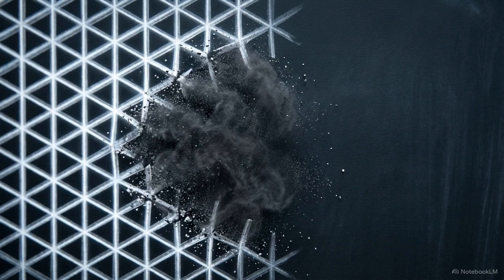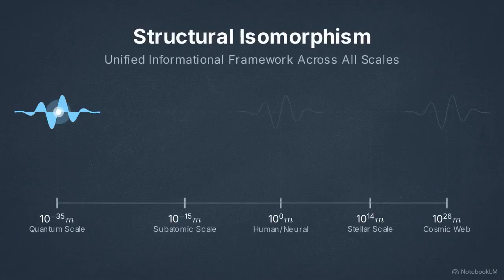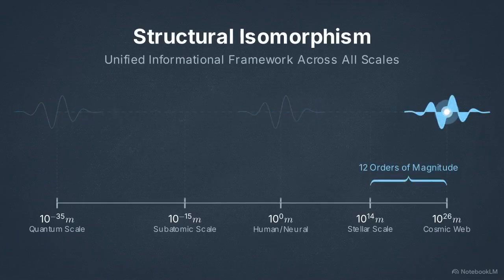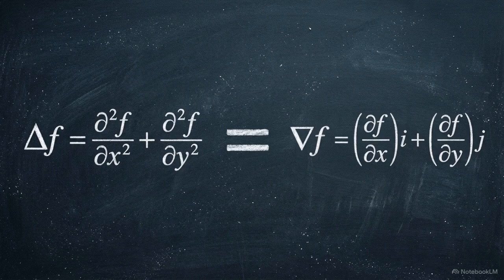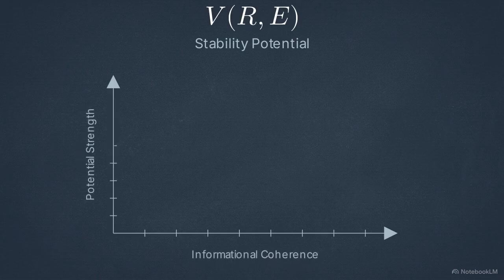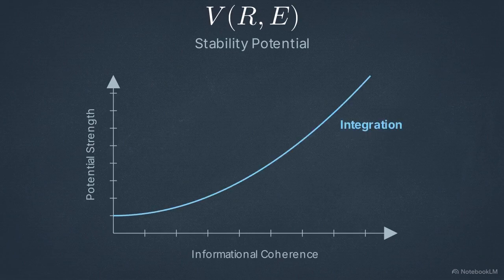The model implies a scaling of these principles across 12 orders of magnitude. The field equations that construct this galactic web are structurally isomorphic to the gradient flow equations the IMM uses to model cognitive receiver architecture. Both systems rely on a single stability potential. Whether predicting how a human brain interprets a signal or how a universe distributes galaxies, the math models the competition between coherence-building integration and decoherence-driven projection.